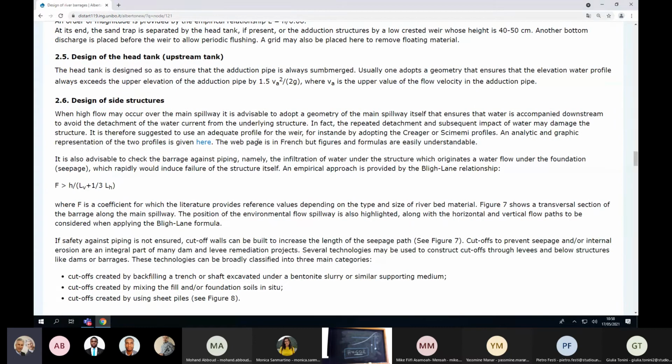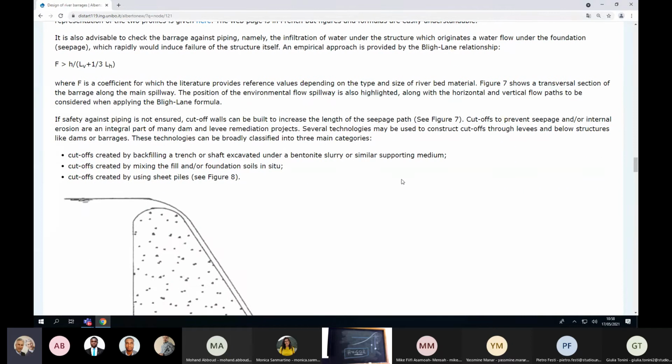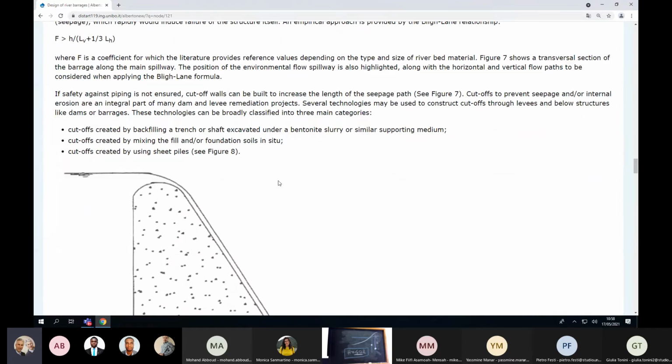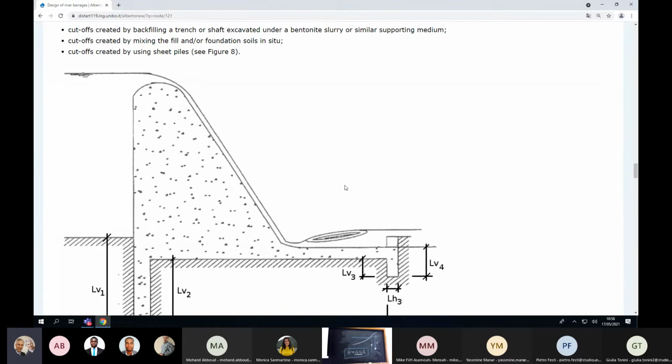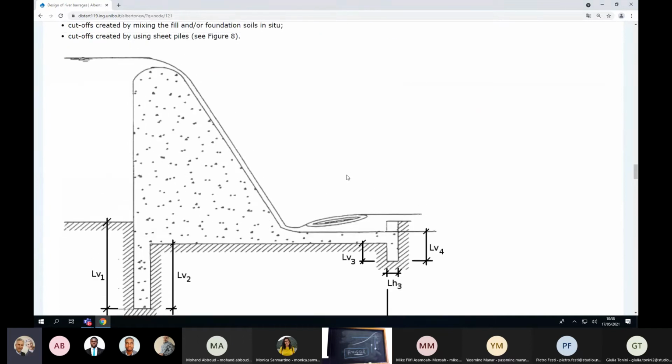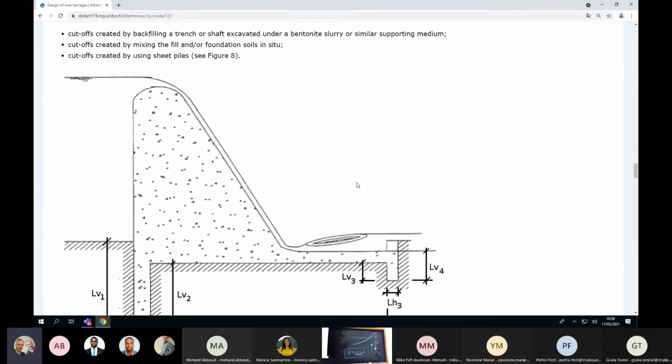And another typical question is the Bligh-Lane relationship for checking against piping. And what are the solutions to avoid piping? And another thing that I may ask is how to shape the profile, downstream profile of the main spillway if we don't want to use the vertical wall.